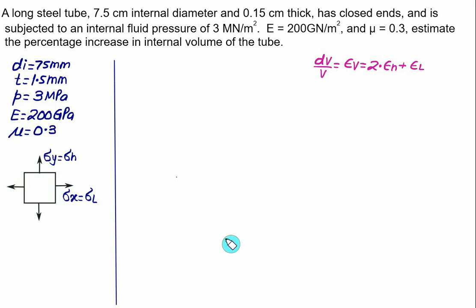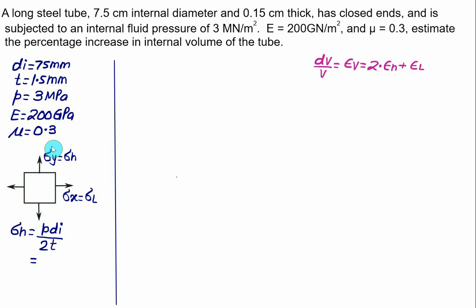In the case of a thin cylinder, the stress along the x direction is the longitudinal stress and the stress along the y direction is the hoop stress. We know the pressure p, thickness and the internal diameter, so we can calculate the hoop stress sigma h, which is given as pressure multiplied by diameter di divided by 2 times the thickness.